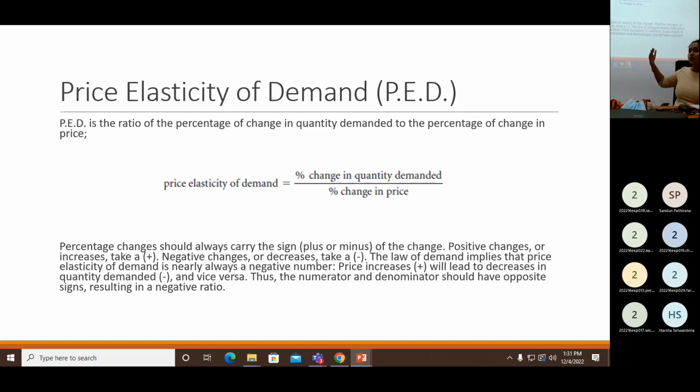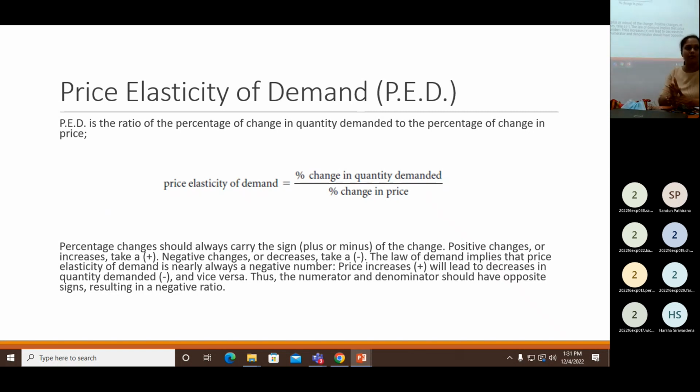If you are going to check the responsiveness of one variable to another, both variables should be measurable. That's why, even though the term suggests price elasticity of demand, since demand cannot be measured, we replace demand by quantity demanded.